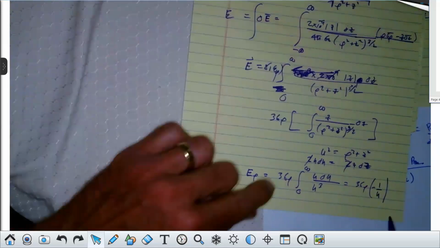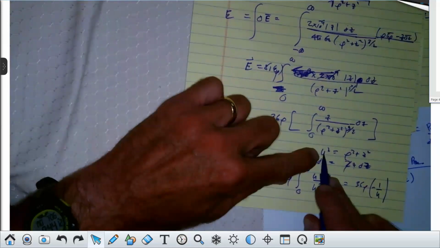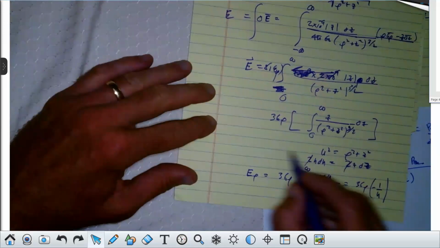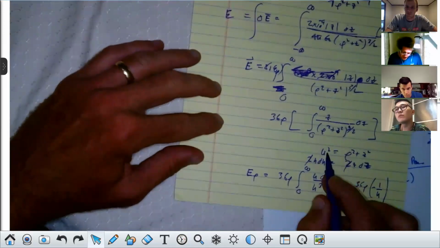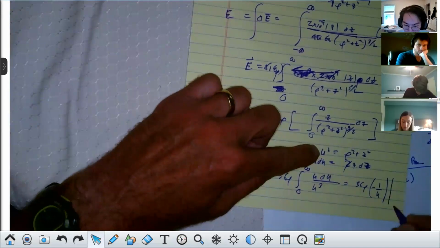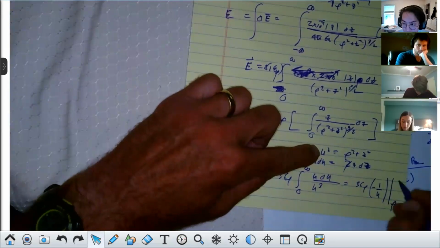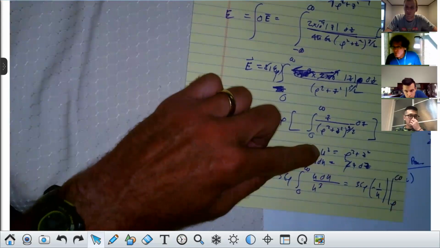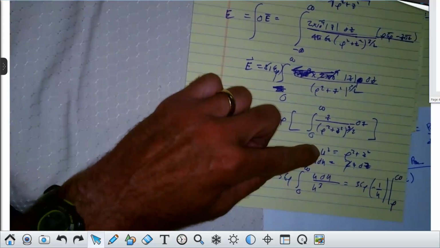Evaluated, well, it goes from 0, and that means for this one, if you have z equals 0, u would be rho, right? And then it goes to infinity. Correct, class? Right? With me so far?